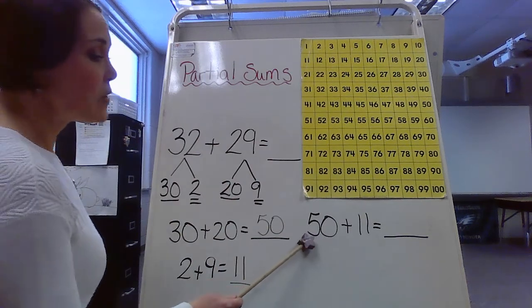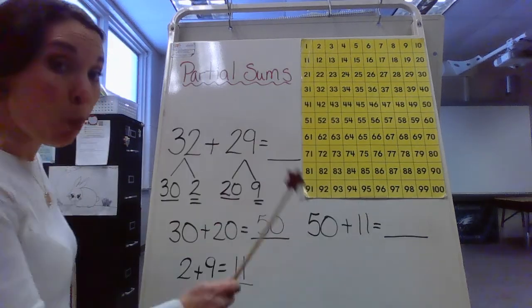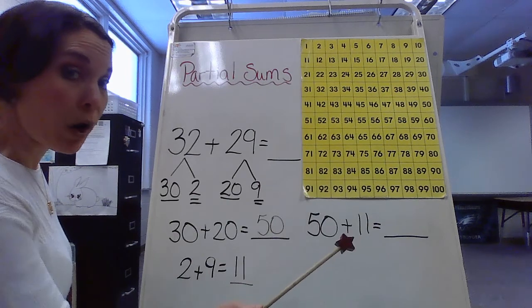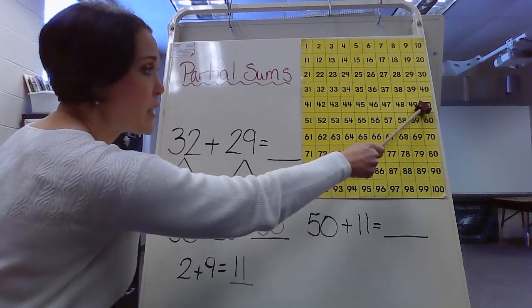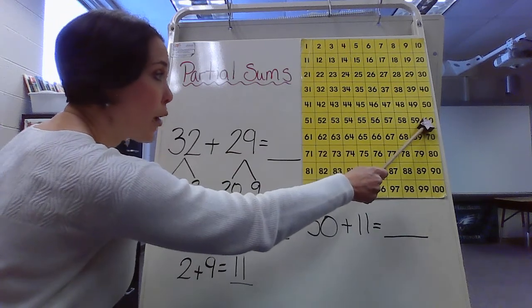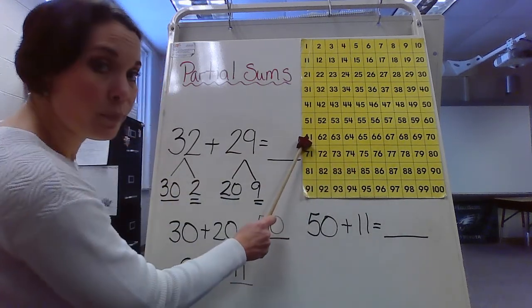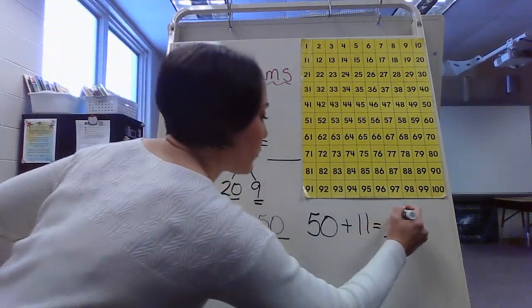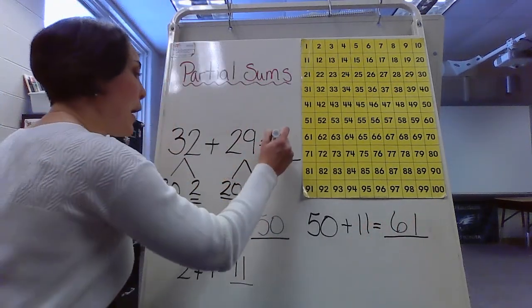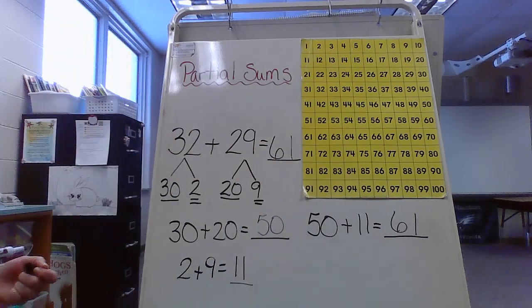So I am at 50 plus 11. That's 1 ten, 1 one. So if I'm at 50, I want to go down 1 ten, 1 one. There's our 61. That would be my total for that particular one.